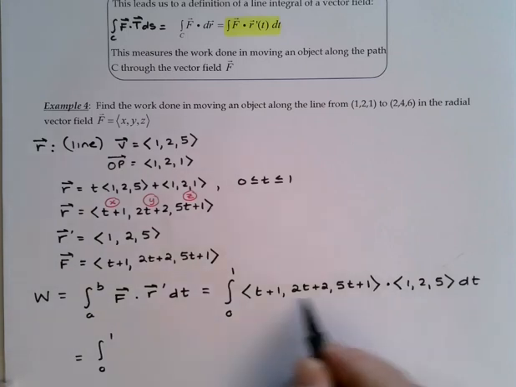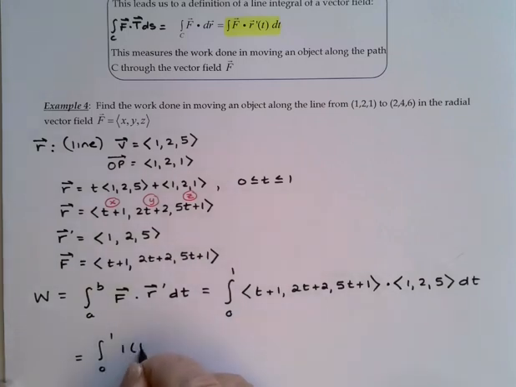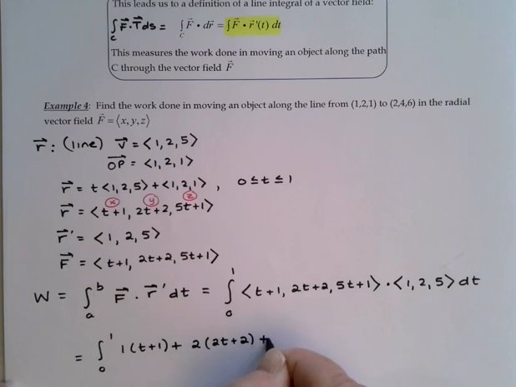So I'm going to get 1 times t plus 1 plus 2 times 2t plus 2 plus 5 times 5t plus 1.